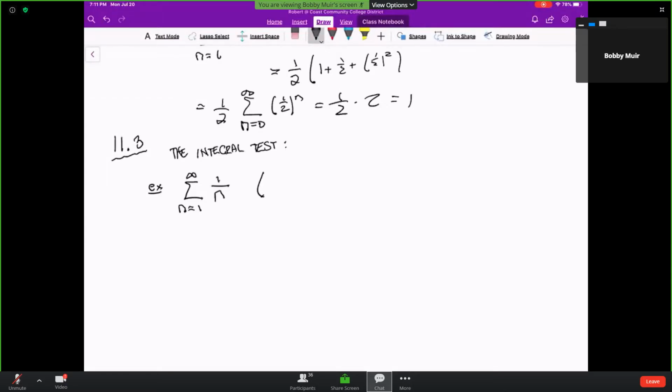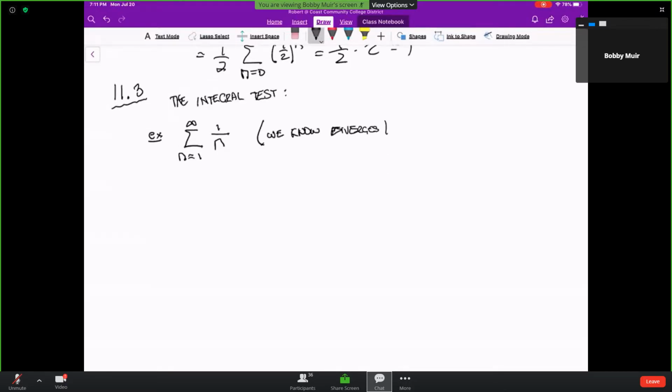Now we know this diverges, let's say. If we look at the function f of x equaling 1 over x and graph it, and draw a better axis here.